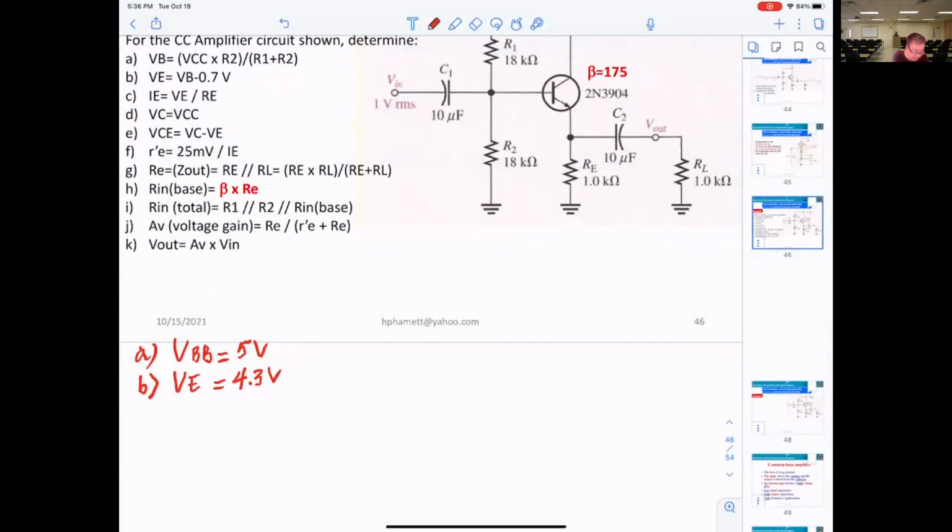Next, IE equals VE, 4.3, divided by 1K, right? Yes, 4.3 milliamp.